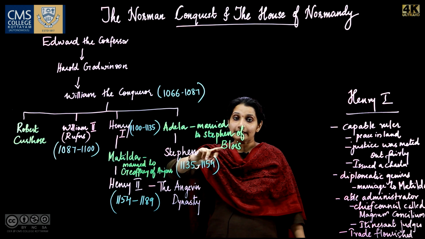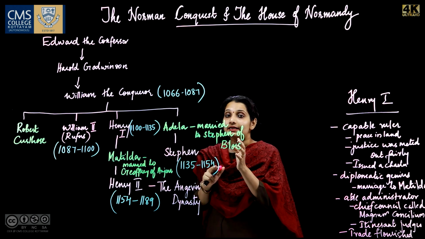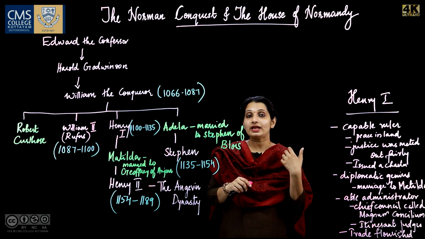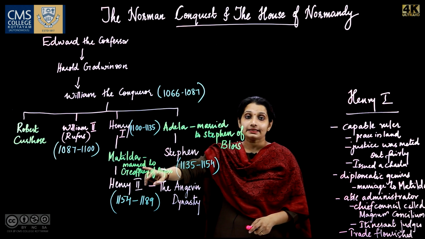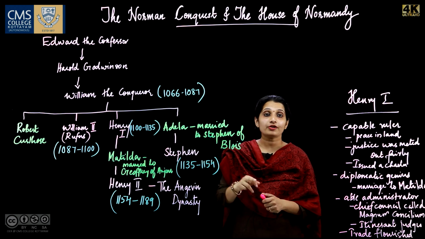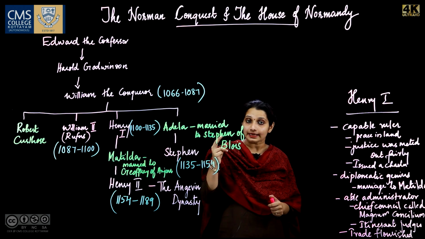Matilda came to England and Stephen was defeated, but they made a pact where Stephen continued as the king of England, and he said that after his death, Henry, Matilda's and Geoffrey of Anjou's son, would ascend the throne of England.